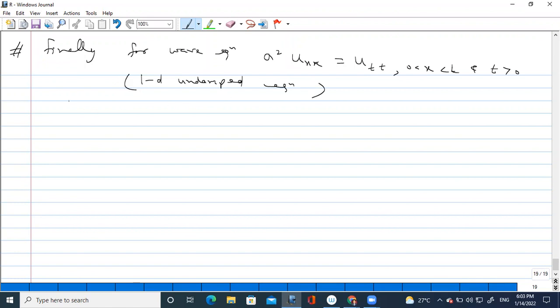In this type, we have learned that our string is tied between 0 to L like this, and when we displace it, it will make a wave like this.